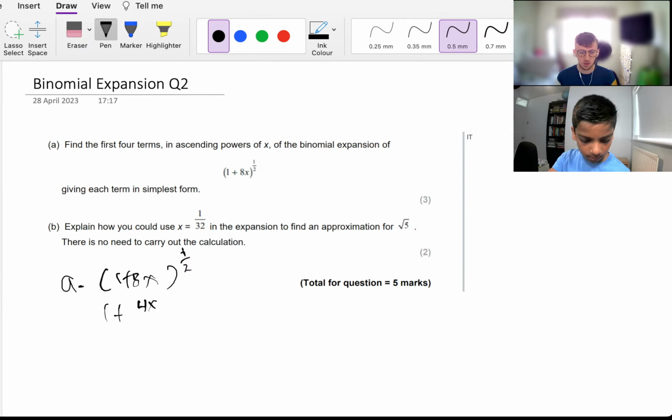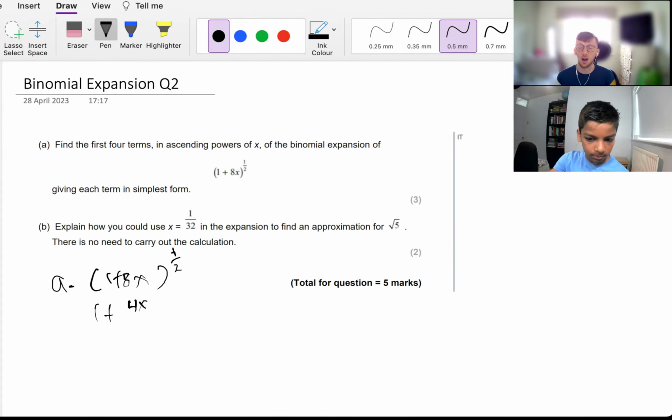I think it's good to show your working, so rather than just writing 4x, show that as a half times 8x, just so we can really see the pattern in these binomial expansion questions.